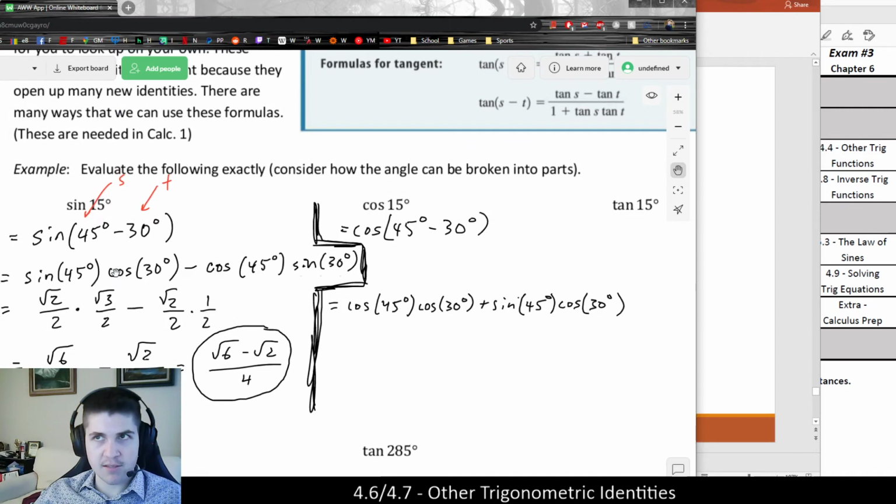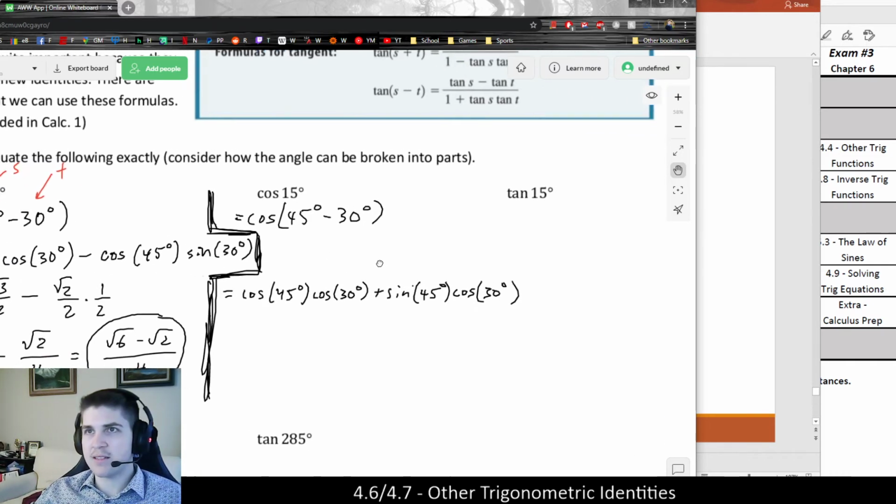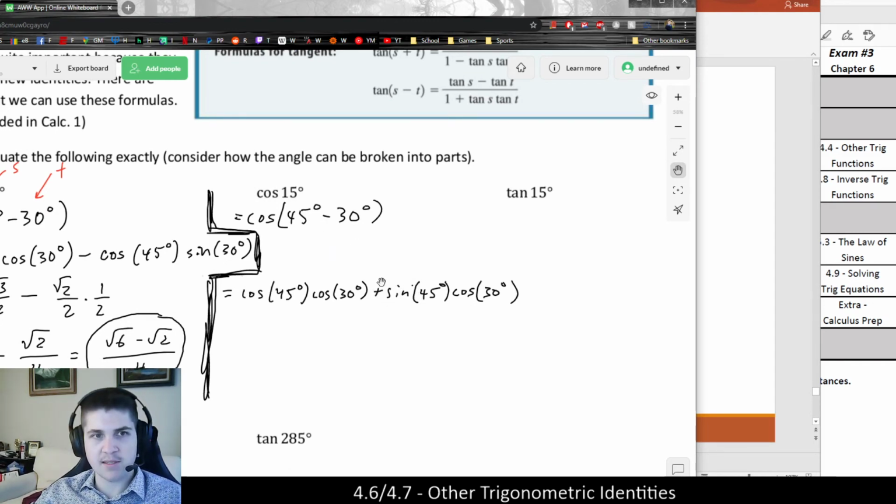Sine pairs the opposite functions together with the same sign. So I don't know if that makes sense, but it's kind of pairing the two angles together. But sine pairs up sine and cosine with each other and subtracts, whereas cosine pairs the same ones together but has the opposite sign in between.